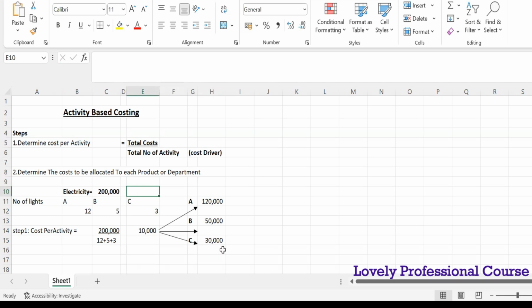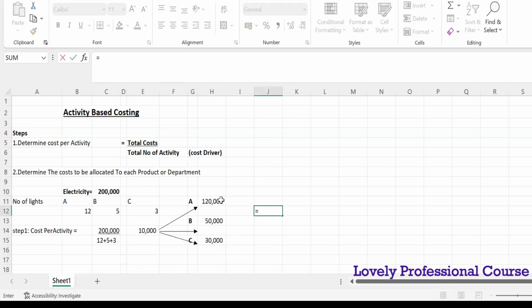Therefore, the total expense allocated to each department should equal this 200,000. So let's see if it is equal. We say this 120,000 plus this 50,000 plus 30,000. It gives me this. So remember, this 200,000 is the same as this.